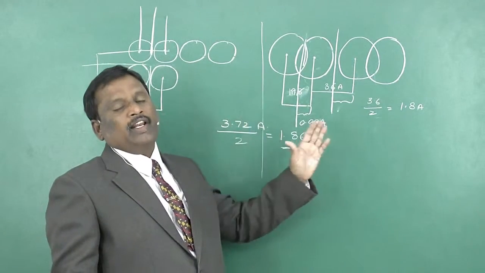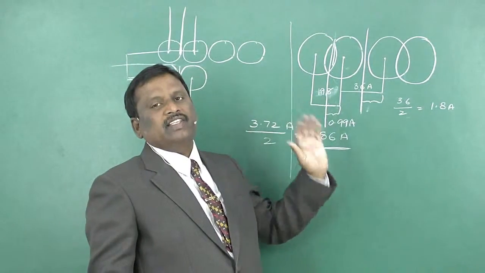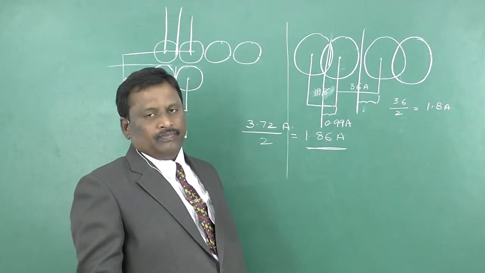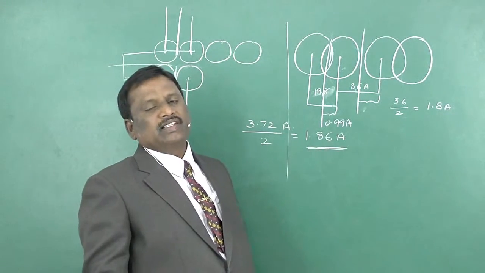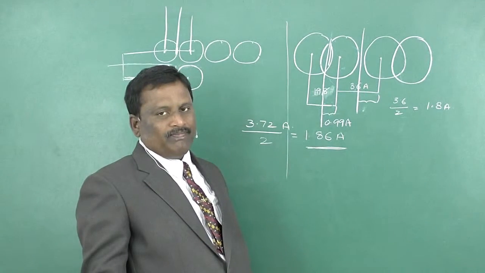So, half of the internuclear distance between the nuclei of 2 adjacent atoms, when they are in van der Waals attraction, is considered as its van der Waals radius.